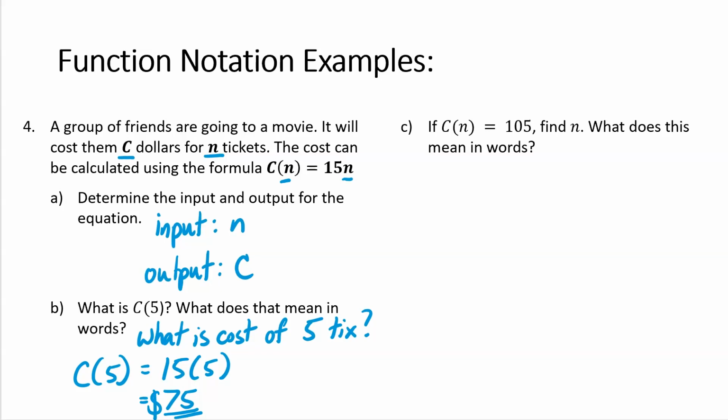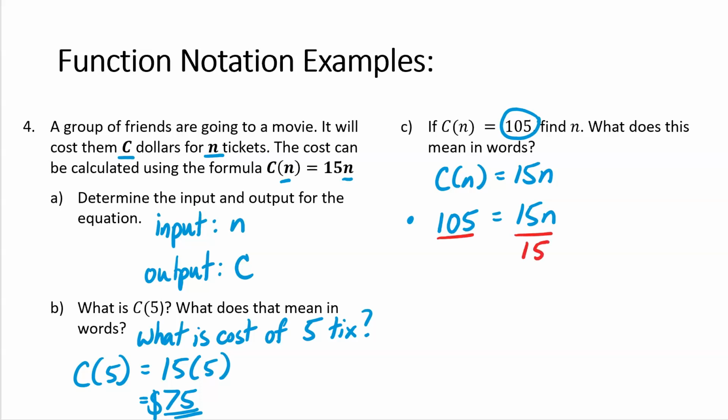If C of N equals 105, what's N? So here we have C of N, we know is 15 times N, but we're saying C of N is 105. So we have 105 equals 15 times N, and now we want to solve for N. We can do that by dividing 15 from both sides, because 15 divided by 15 is 1, it goes away.